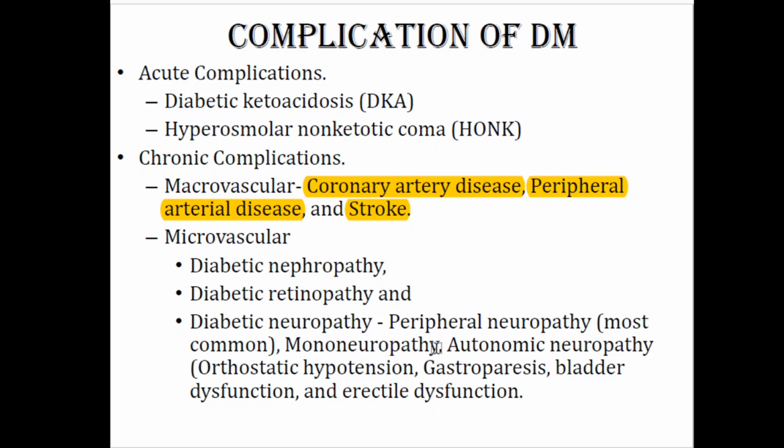There will be wrist drop and foot drop, or any of the cranial nerves, such as cranial nerve third palsy, cranial nerve fourth palsy, can also be seen in diabetic neuropathy. So that was mononeuropathy. And then we have autonomic neuropathy. The manifestations of autonomic neuropathy are orthostatic hypotension, gastroparesis, bladder dysfunction, erectile dysfunction. So this is the entire picture of complications of diabetes mellitus.